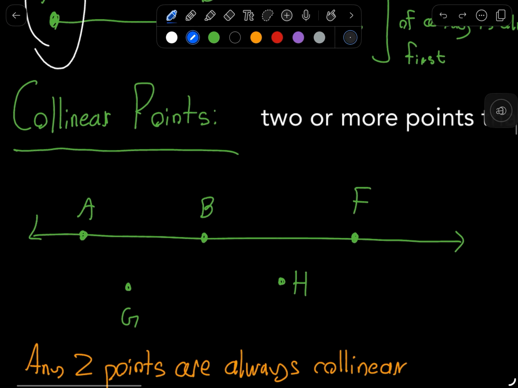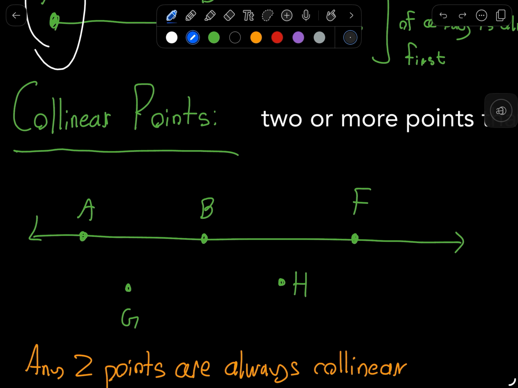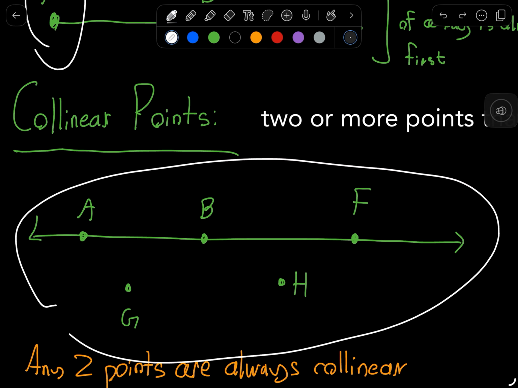So for example, you see this visual here with this line and a bunch of points. I want you to answer this question, and take as long as you need: which of these points would be collinear? Which of them lie on the same line? By looking at the visual, you can see that points A, B, and F are lying on the same line.